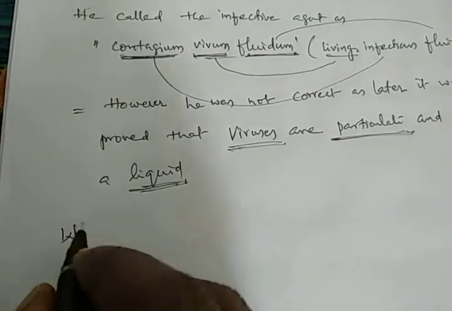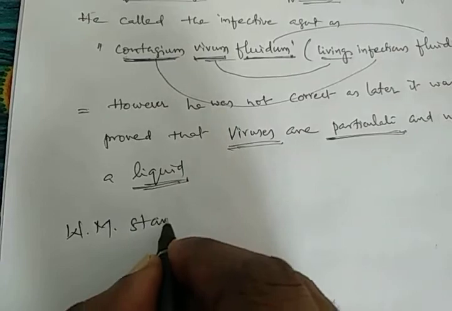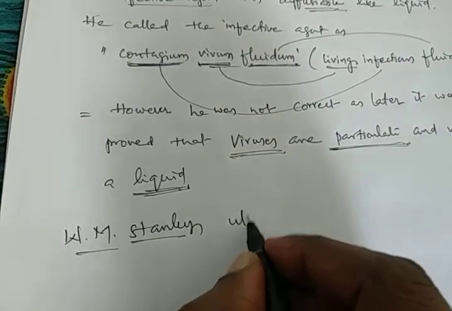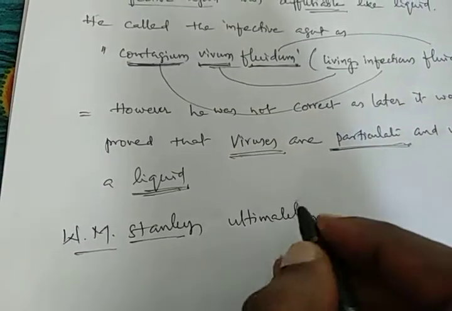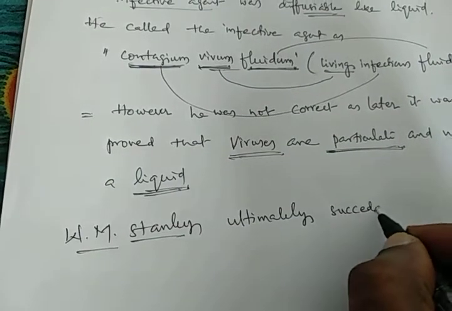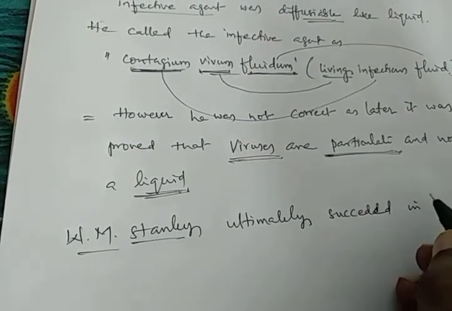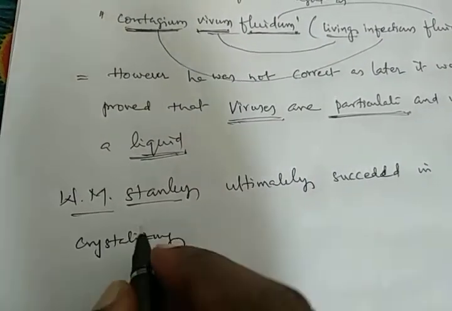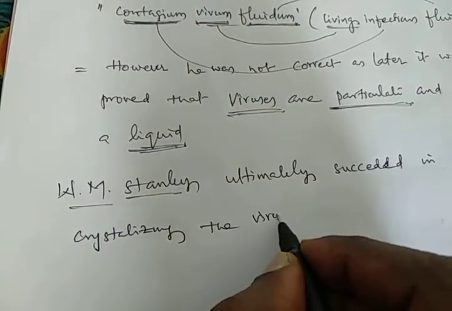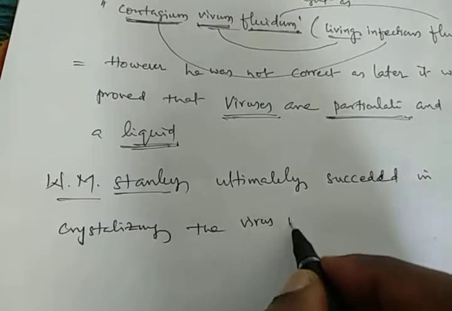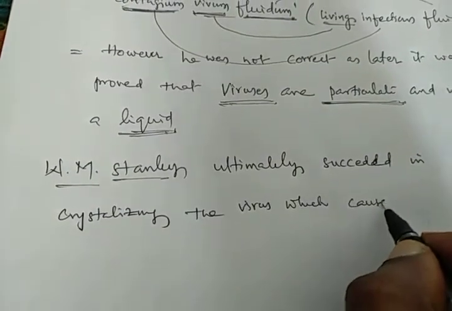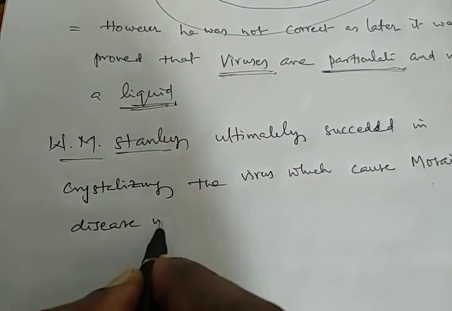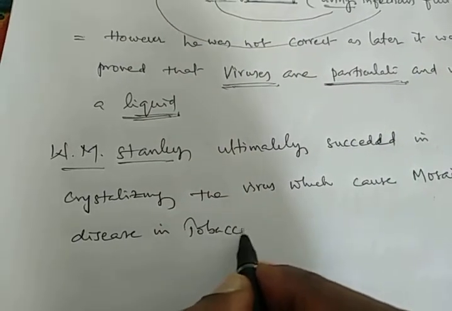Right? So next, one more important scientist, W.M. Stanley. W.M. Stanley is the scientist who ultimately succeeded in crystallizing the virus which causes mosaic disease in tobacco.